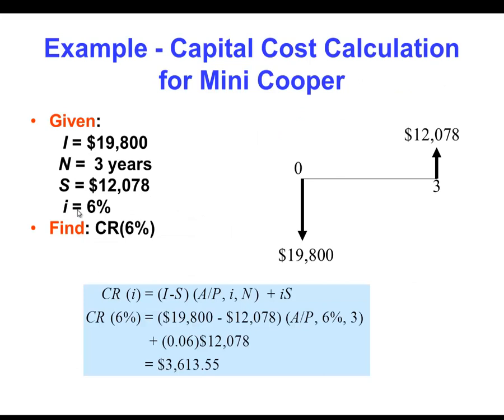Let's look at the following example, which calculates the capital cost for a Mini Cooper. If the initial cost was $19,800, over 3 years, so N is equal to 3, the salvage value for that car went down to $12,078.